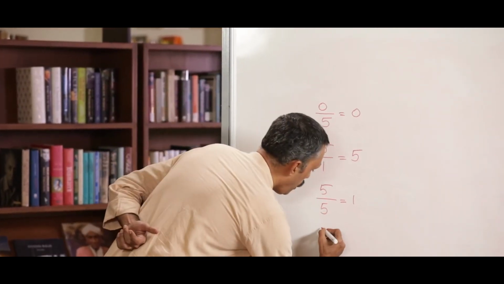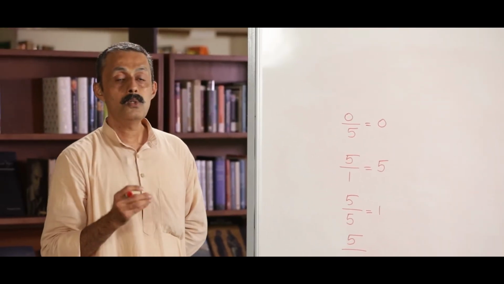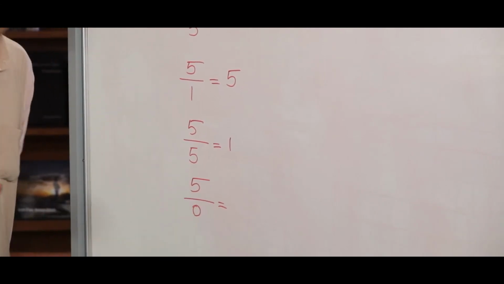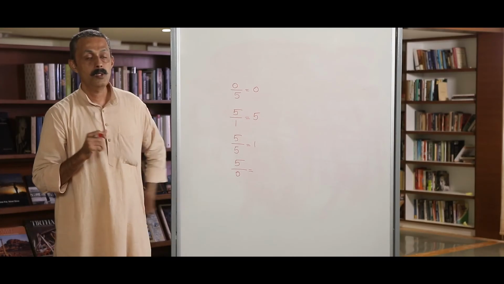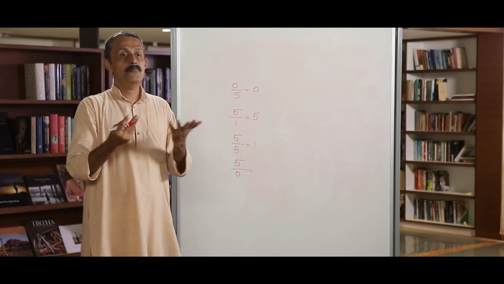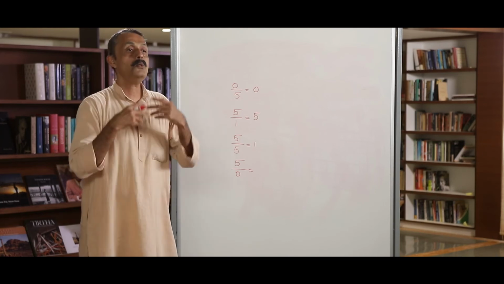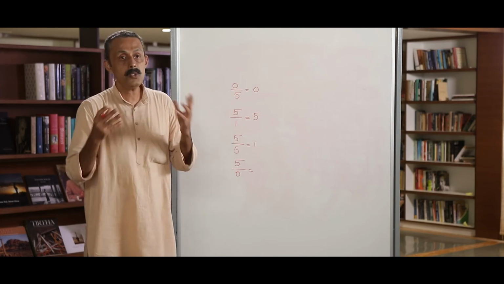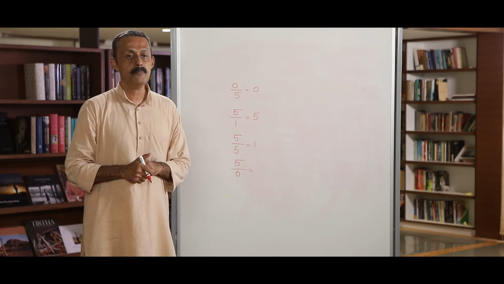I have 5 rupees, and if I give it to 0 people, I do not give it at all. How much did everyone get? There is nobody there. Nobody is there, and I did not give it to anyone. Therefore, what did they get? Since there is nobody, how can we say how much did each one get?